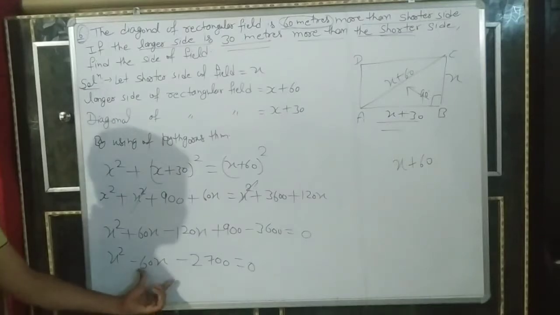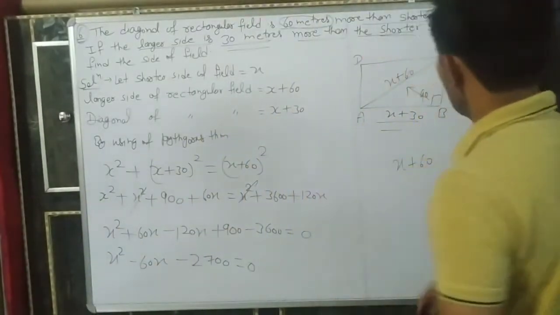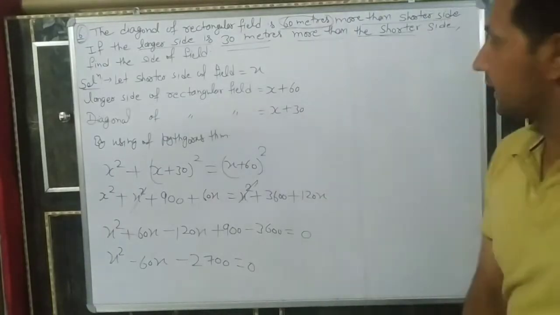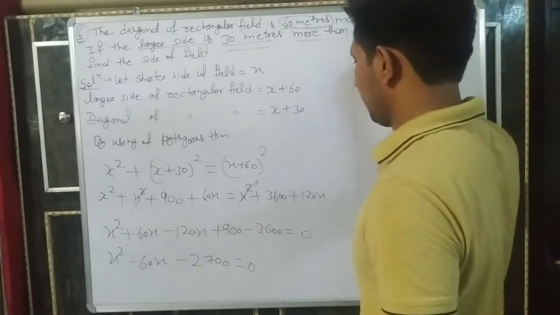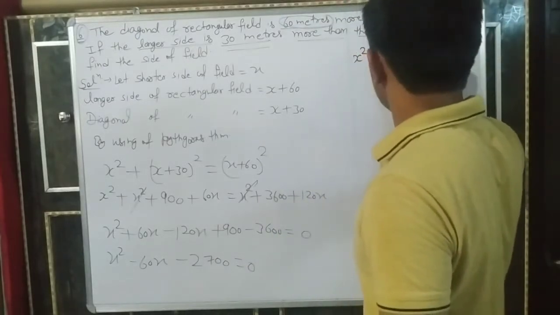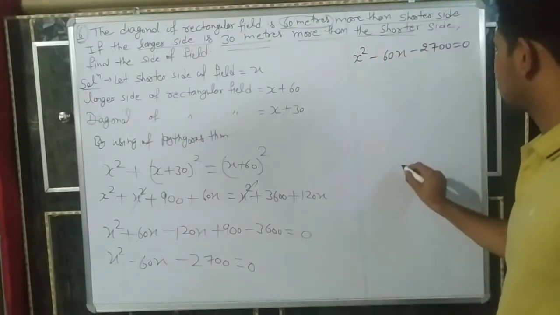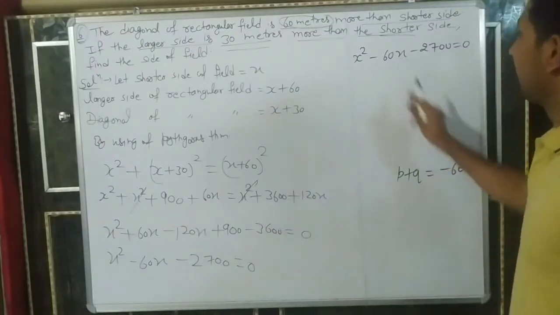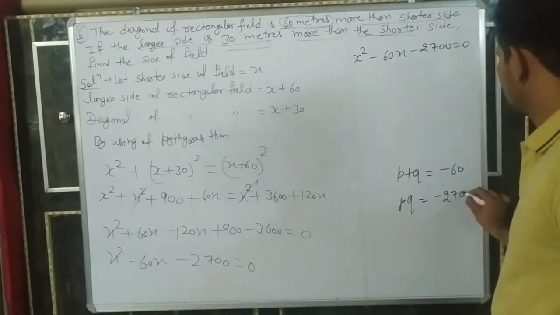Again we will solve it, either by quadratic formula or by splitting the middle term. What is the middle term? We will write x square minus 60x minus 2700. Okay. So, splitting the middle term, the sum of two numbers is minus 60 and whose multiplication is minus 2700.